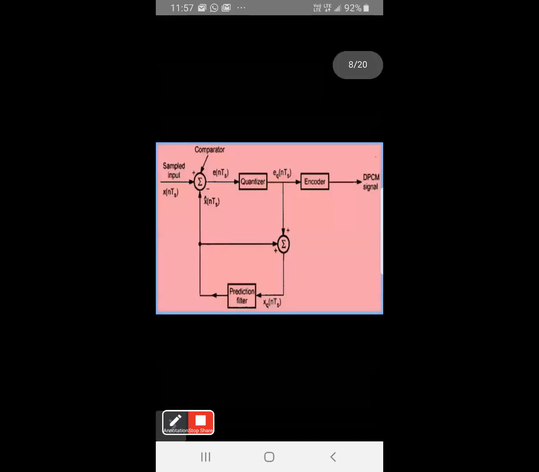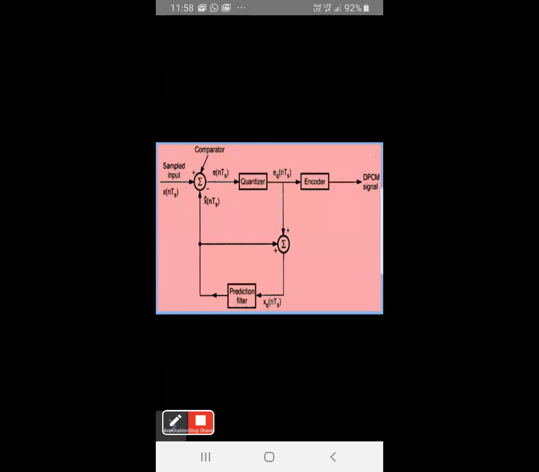Okay, and the quantizer output will be given as, okay, మీకు ఇక్కడ ఏదైతే సిగ్నల్ వచ్చిందో e of nTs అనేది signal, that signal will be given to the quantizer.